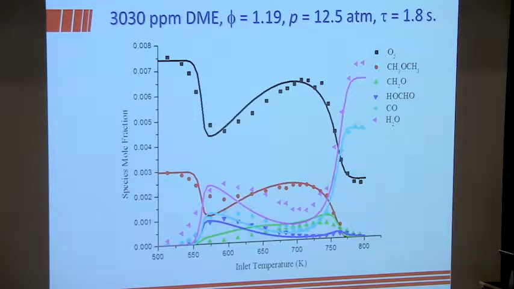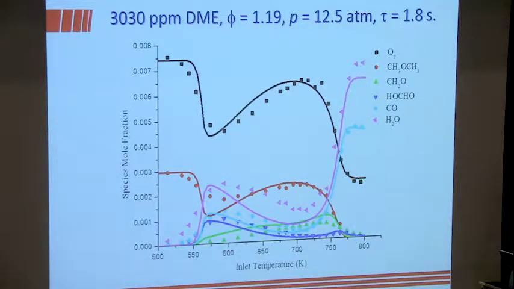Here we measured, this is from a paper that we published together, nearly 20 years ago now, I'm ashamed to say. Here we have oxygen and dimethyl ether, and I'll be showing you this later in the week. You can see characteristic negative temperature coefficient behavior for this fuel, and the lines, again, are the model predictions.